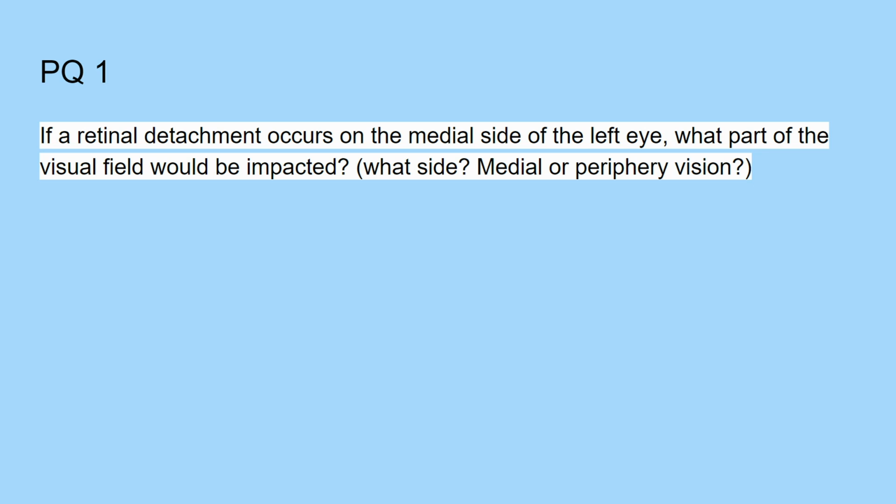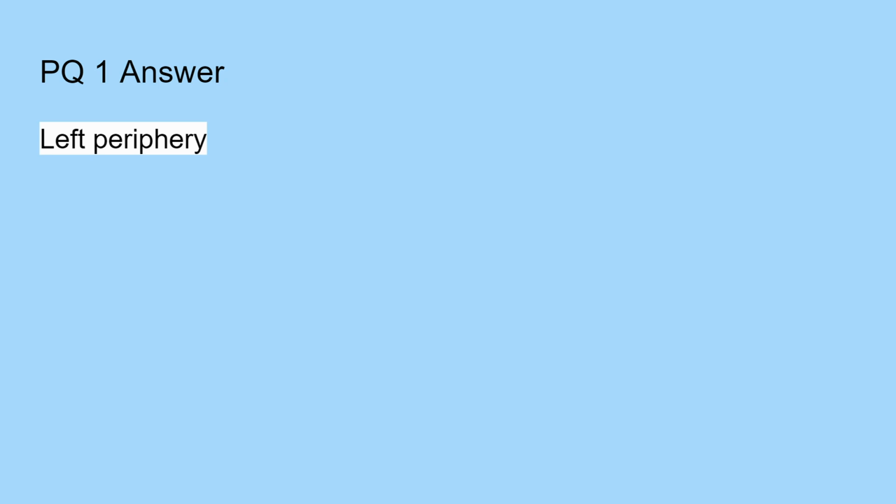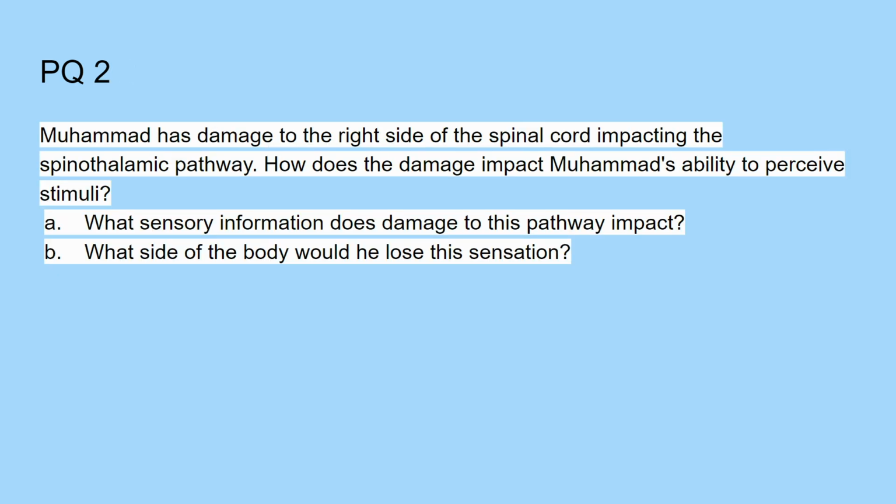Do you know why? Like the light goes like that. Yeah. So, medial side of the left eye, medial senses peripheral vision, and there's no crossing over because we're not talking about reception of the signal. It's more just what you're seeing. Does that make sense? Okay, cool.